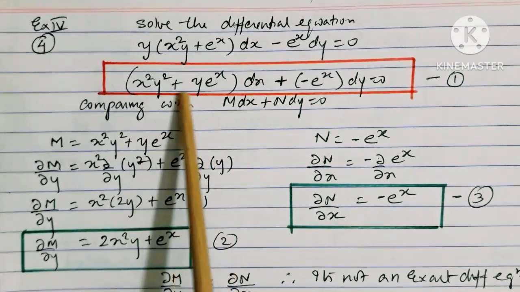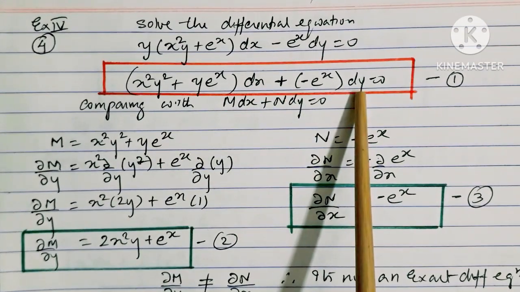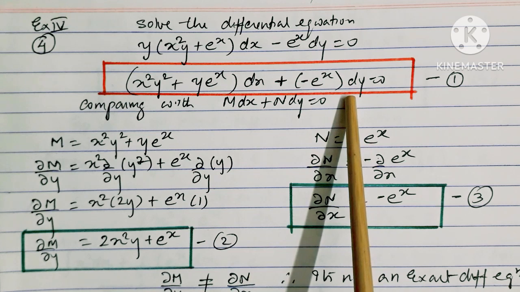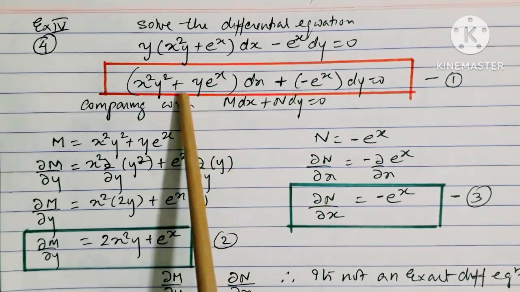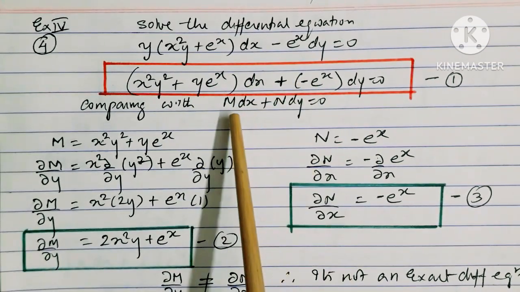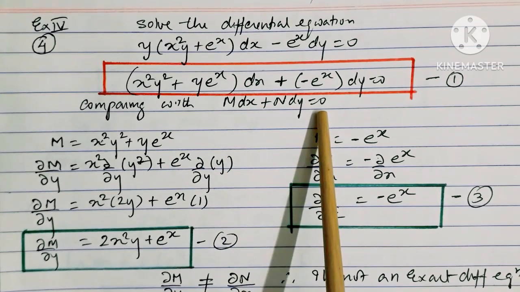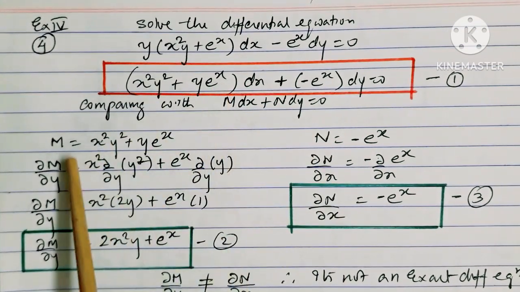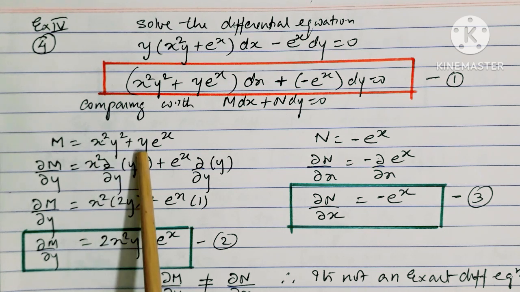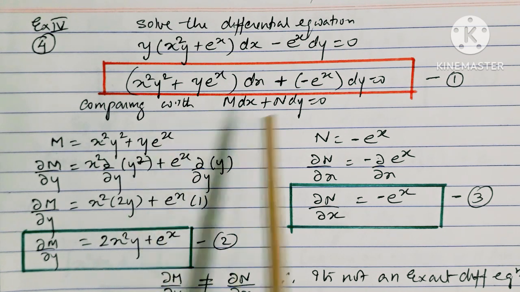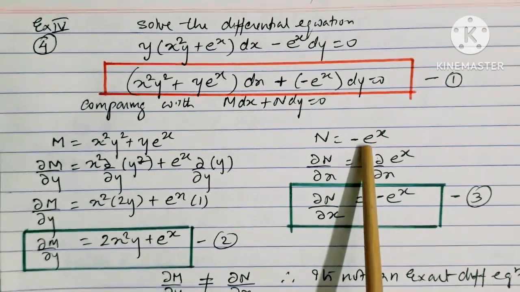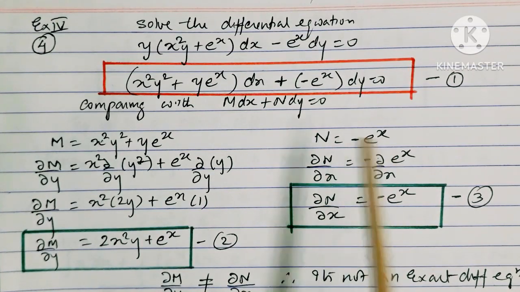Now let us find out if this given differential equation is an exact differential equation or not. So let us compare this given differential equation with M dx + N dy = 0, and M equals x²y² + y e^x and N is equal to −e^x.